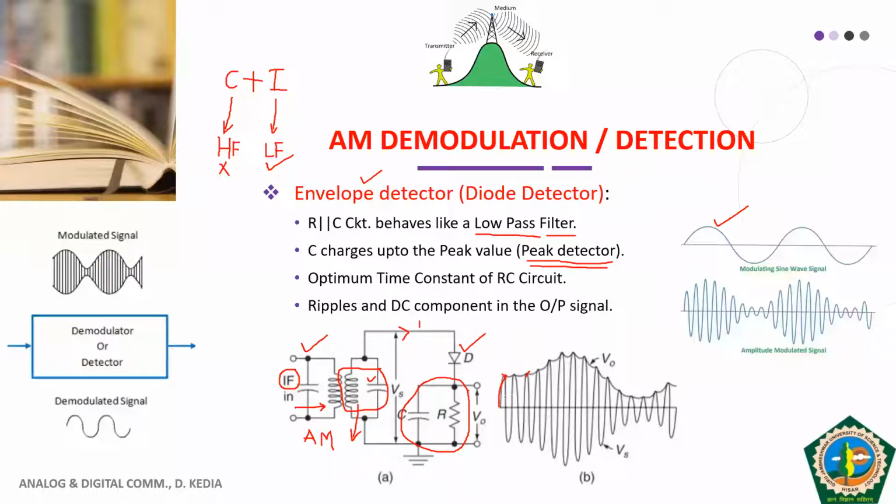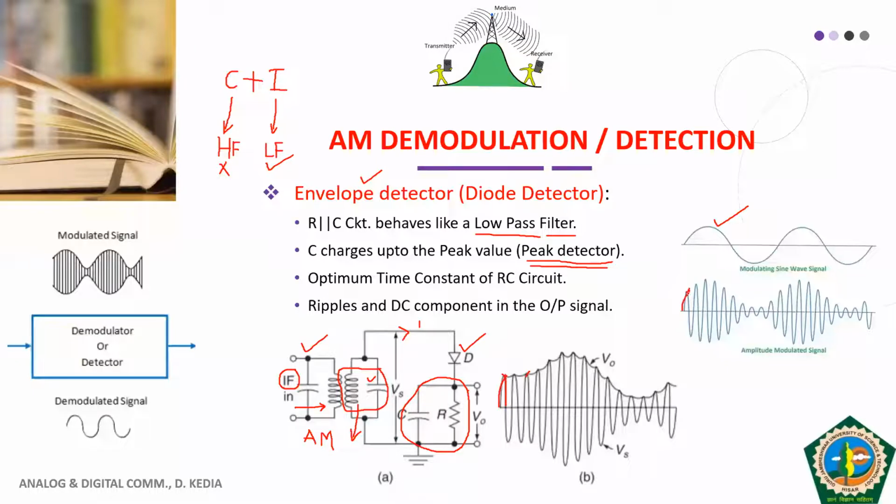Then your signal goes down, so obviously the capacitor will tend to discharge through the resistance. The signal across the capacitor will increase first like this. Just a minute, let me draw it more carefully. So here my signal will charge up to this point.